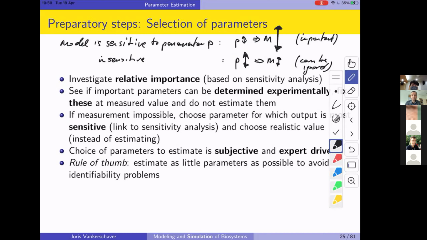You can look at a paper or a table of known chemical reactions in some cases, and you can say, well, okay, for the conversion of this chemical into that product, the rate is typically between these bounds. And then you can either use the fixed value from the literature, or you can say, well, this parameter tends to be in this range, let me do an experiment to determine and fix that parameter. So that also gives you a way to fix parameters in your model and then exclude them from further analysis.